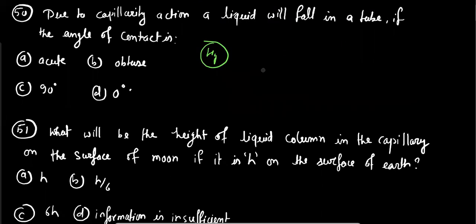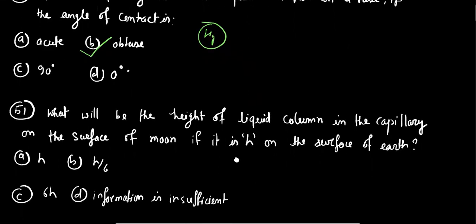Also, for mercury the angle of contact is greater than 90, which is also known as an obtuse angle. Okay, so in this particular case the correct option is option B. Okay, so this is all about question number 50.